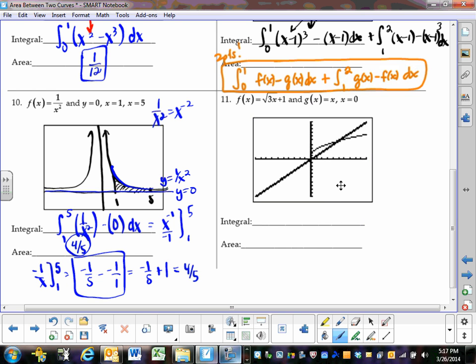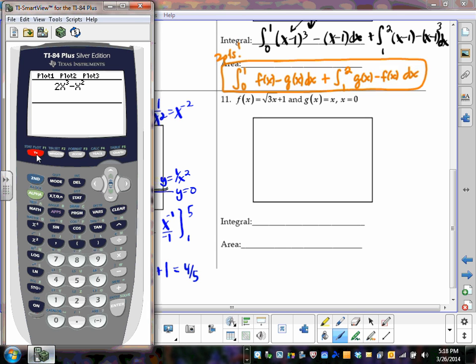Okay, so this next problem. On here, we would want to do this with our calculator. And after we graph them, we're going to find the intersections. Notice that we're starting at x is 0.